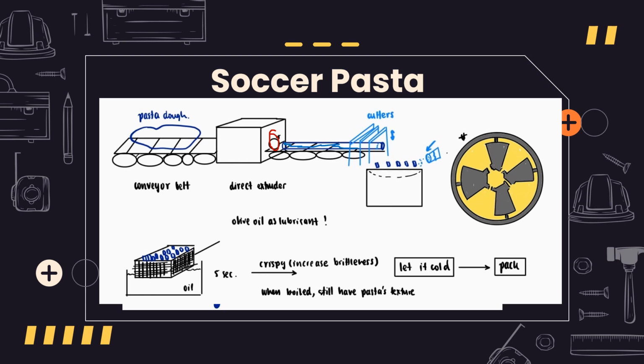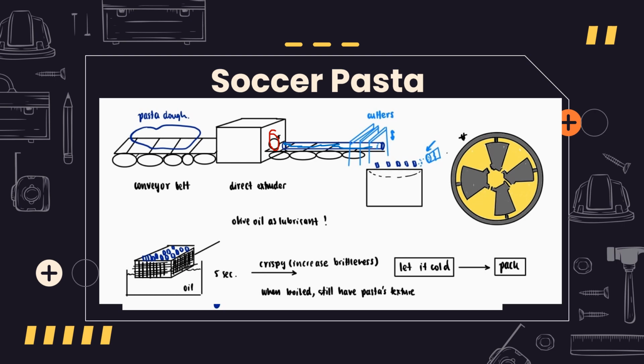But this is the extruded pasta, and here are some cutters that will be going up and down in order to efficiently cut the pasta and introduce it in a container. Then we will introduce some salt or other ingredients to the pasta.